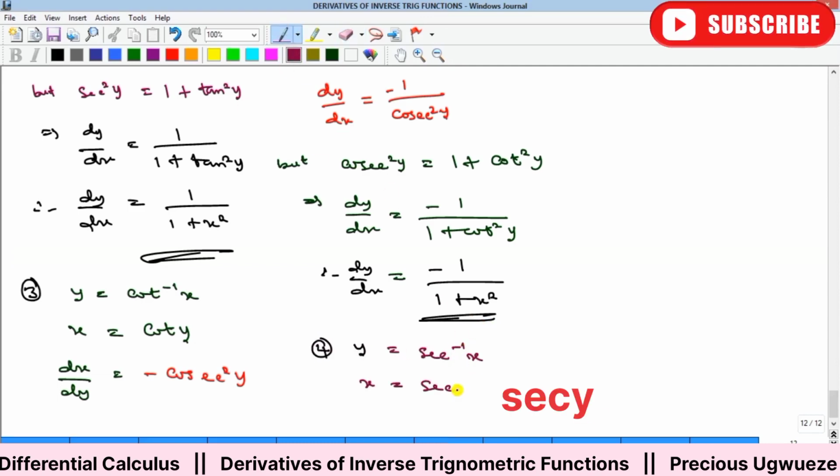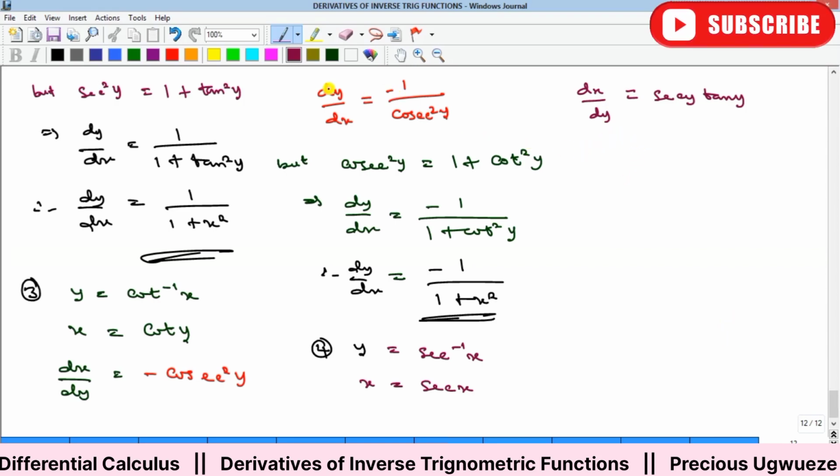And so, for example 4, the sec inverse of x. All right. So at this point, you remember the next thing to do is to differentiate x with respect to y. And if we differentiate sec with respect to y, we are going to get sec y tan y. All right.